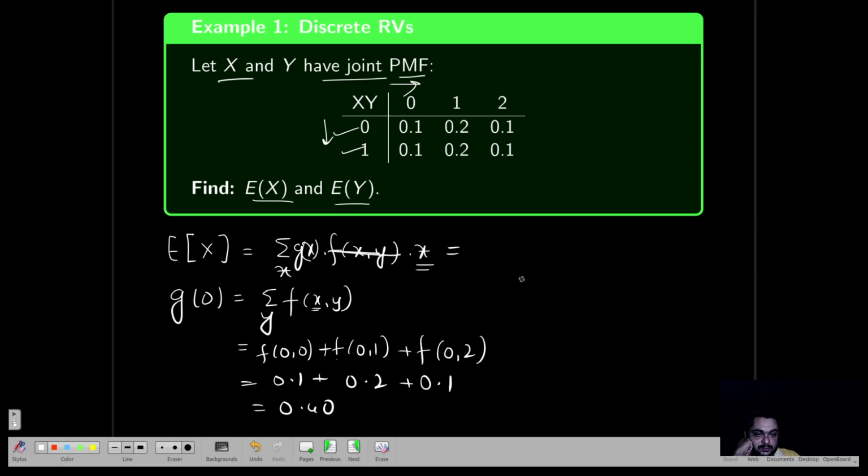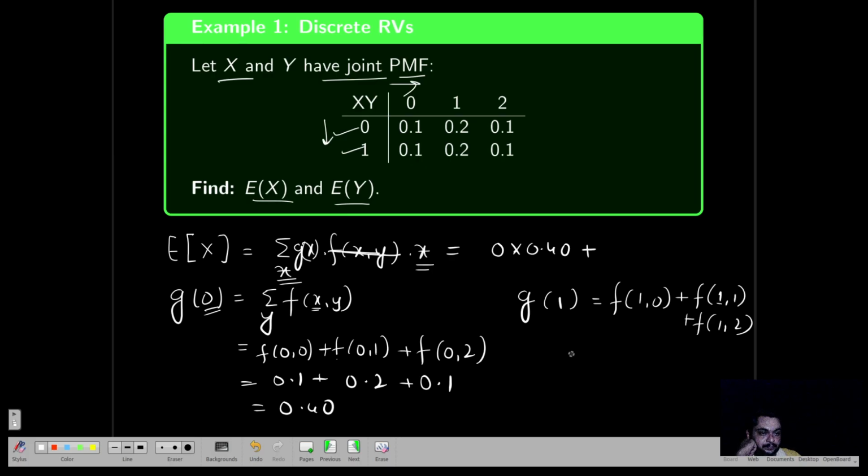This is g of 0. Then for all x, it means g of 1. So this is equal to, initially, 0 into 0.40 plus, next, there is one more x, no? So g of 1 is equal to f of 1 comma 0 plus f of 1 comma 1 plus f of 1 comma 2.